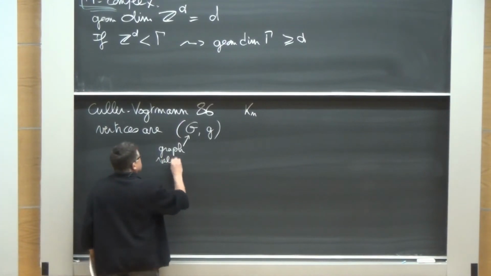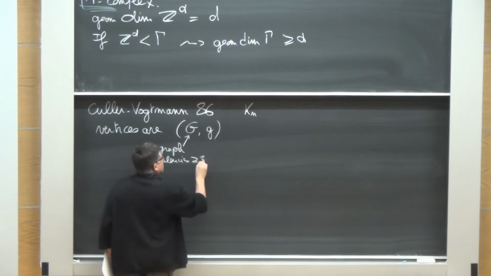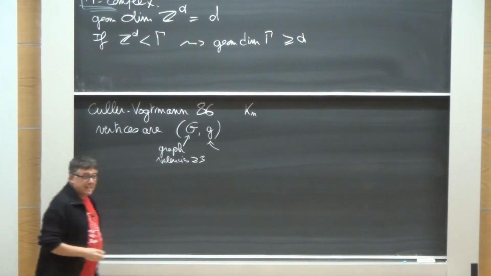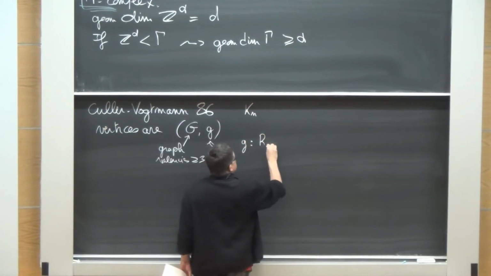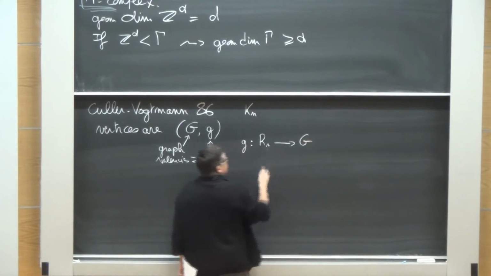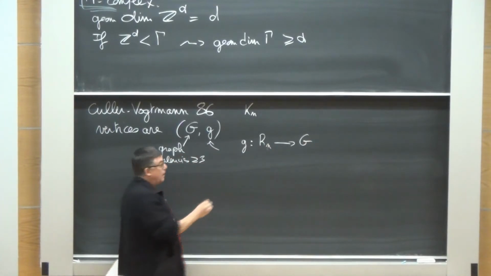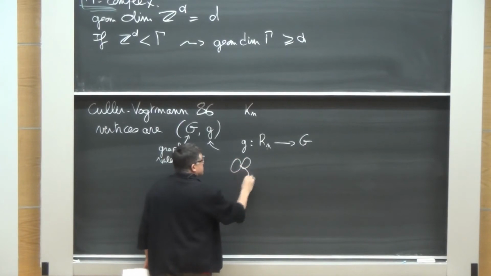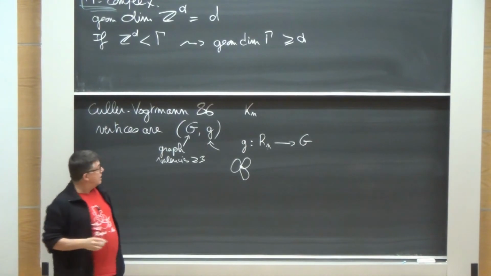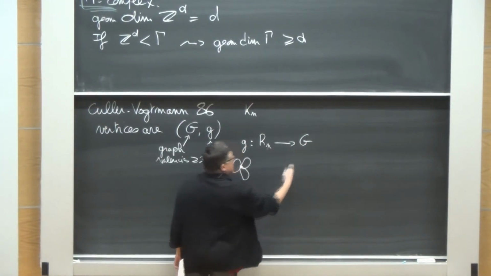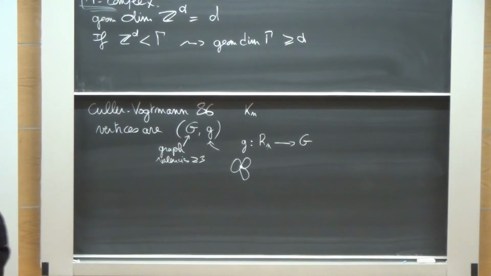And g is a homotopy equivalence, a map from R_n, the rose with n petals, to G, which induces an isomorphism for the fundamental groups.